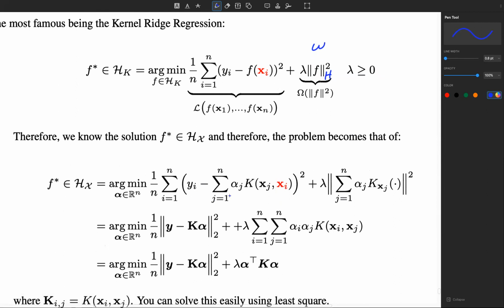We know that f has to exist in the subspace of basis functions. Sorry, let me say again. The f should exist in a subspace, which is the span of the basis functions, and each of them is parameterized by a data point. Sorry, it's very much a mouthful.